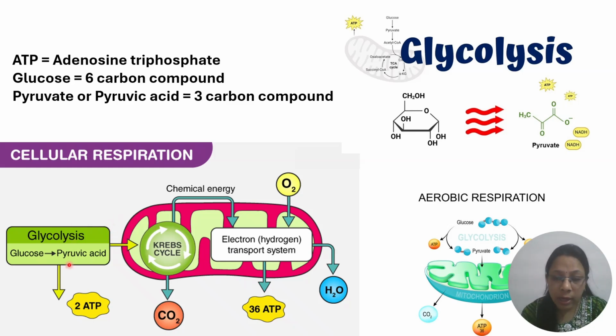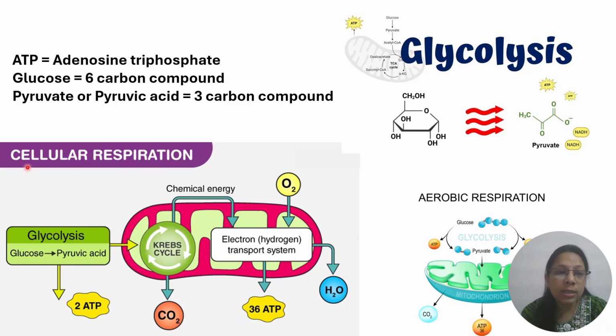Now, this pyruvic acid enters the mitochondria. See here, this pyruvic acid enters the mitochondria and the Krebs cycle. This Krebs cycle is nothing but a sequence of biochemical reactions. So, pyruvic acid enters the Krebs cycle where oxygen is taken in, and with the help of all the biochemical reactions, 36 ATP are generated with CO2 and H2O production.